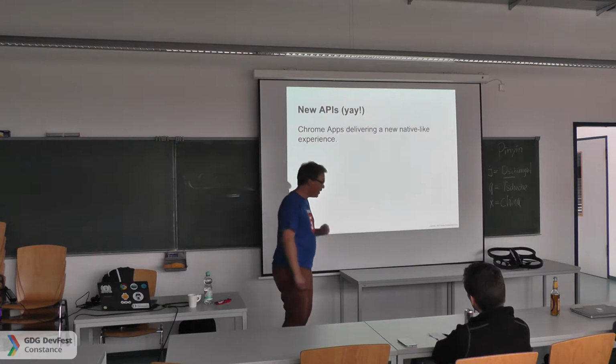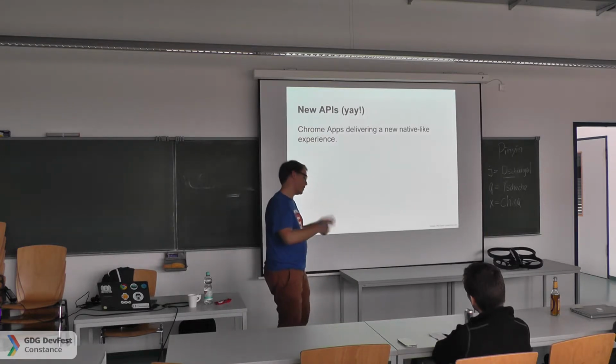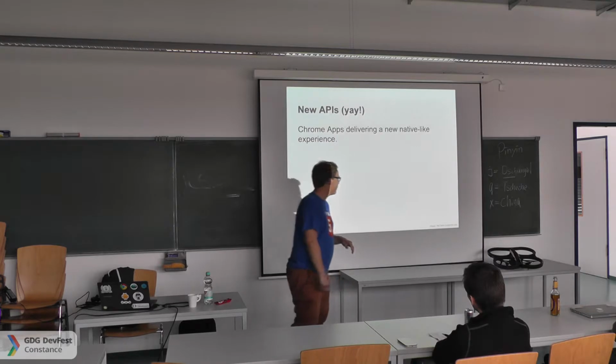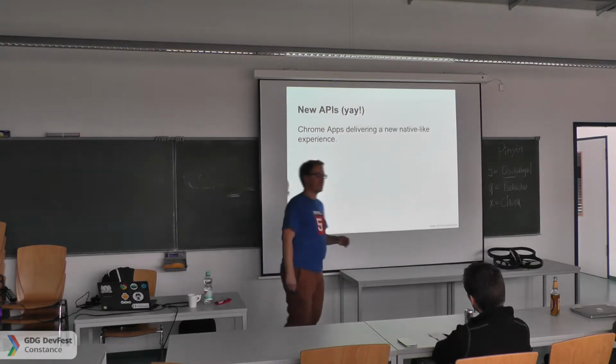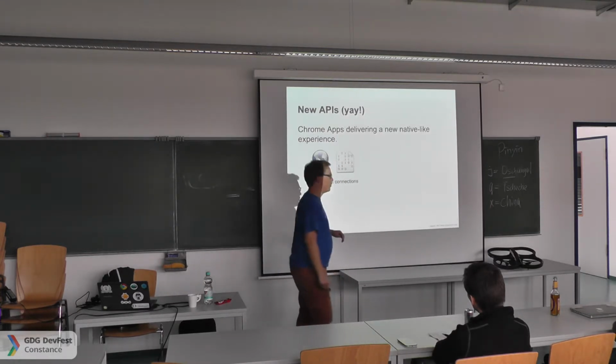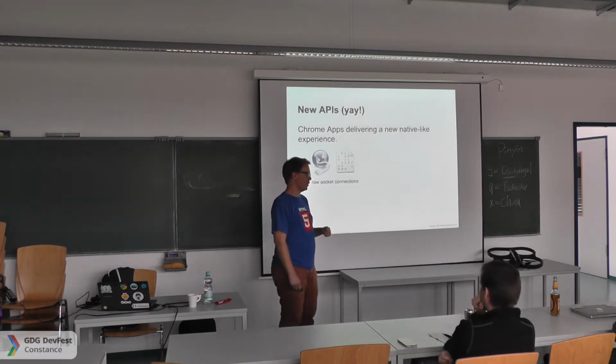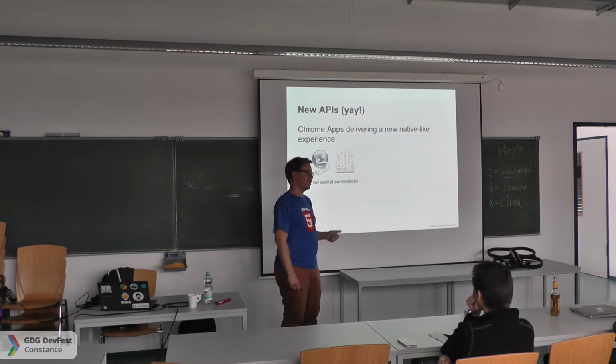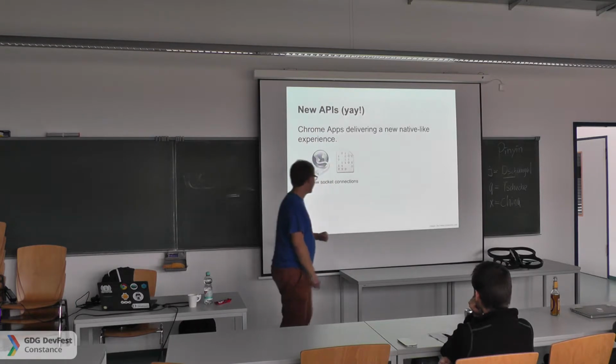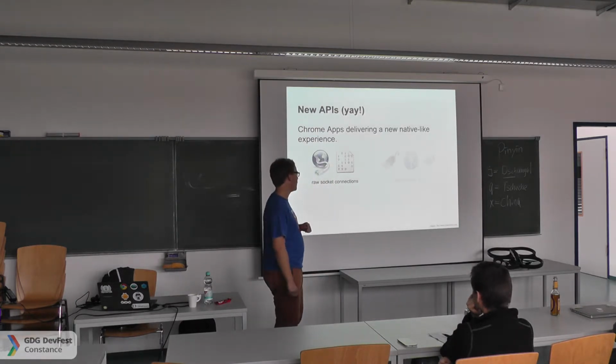But that's just icing on the cake. The really cool things are the APIs you can use. You can finally use raw sockets, and with raw sockets, you're not limited anymore to HTTP, HTTPS, and WebSockets. You can use any kind of socket connection, and that's something I want to show you later with a drone and with something else.